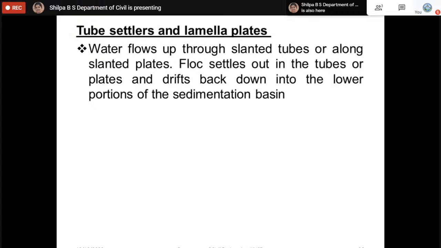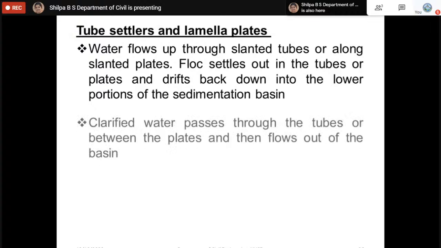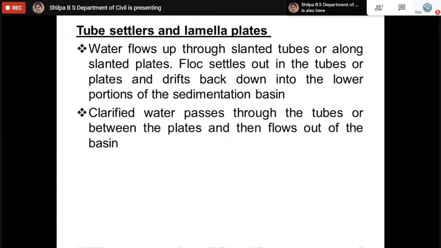Either it may be tubes or it may be plates. The flock settles out in the tubes or the plates, and as it settles, it drifts back down into the lower portion of the sedimentation basin. The clarified water comes up through those tubes or the plates.